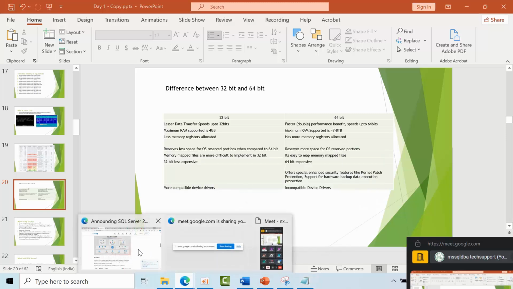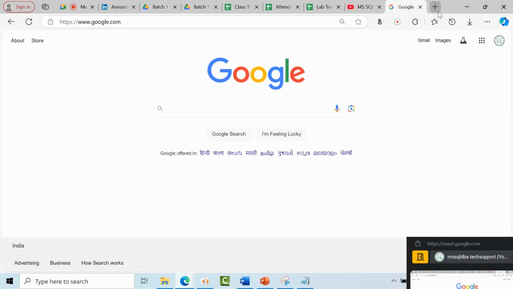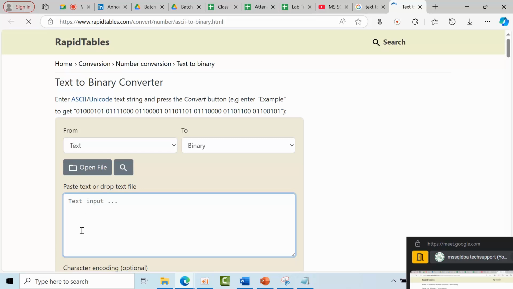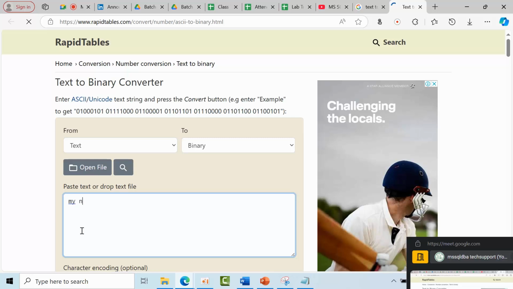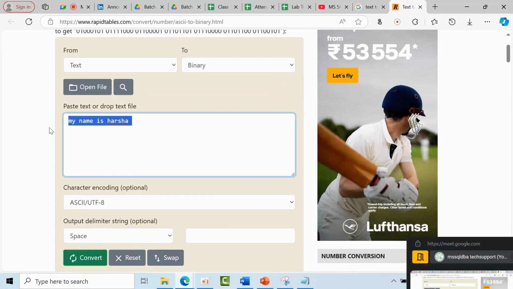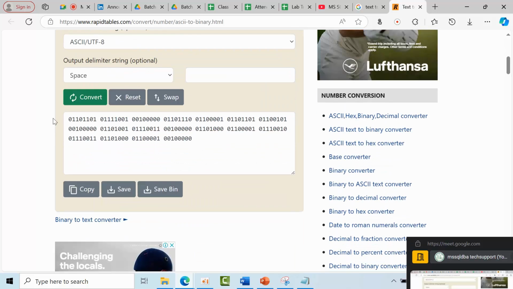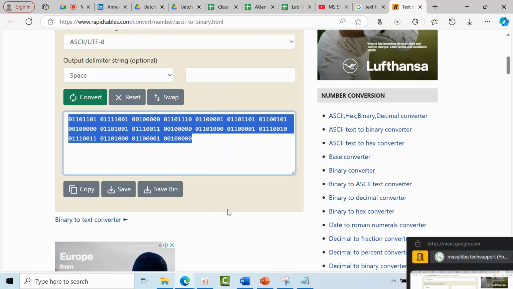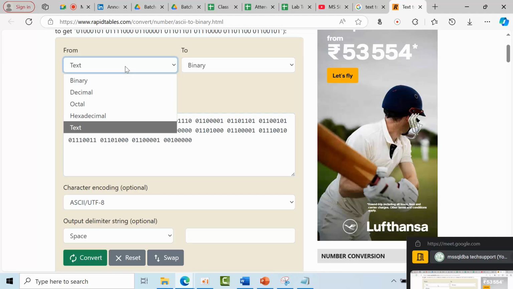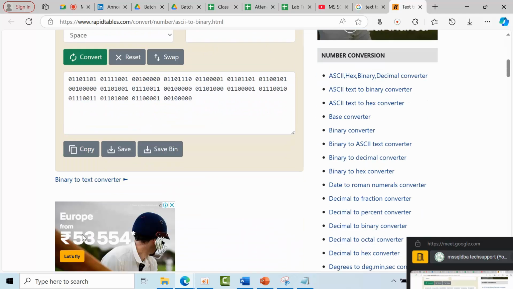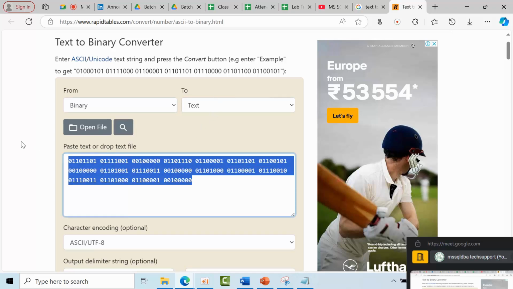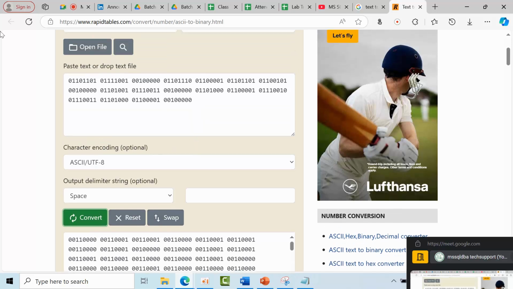Now, sir, whenever you type anything, SQL Server processes it in this kind of line. This is how the information is converted and processed. Now I am copying the same thing and pasting it here, and I will change the binary to text.